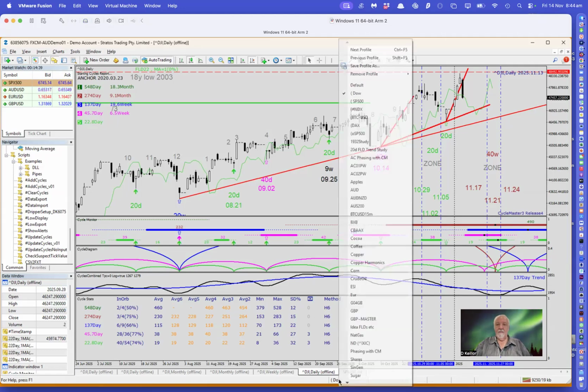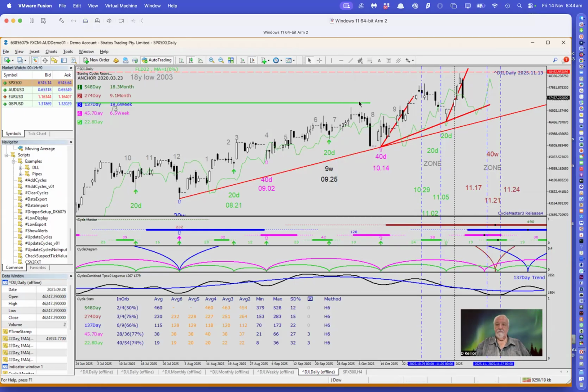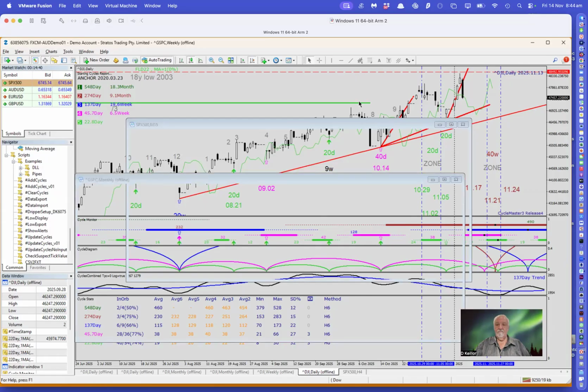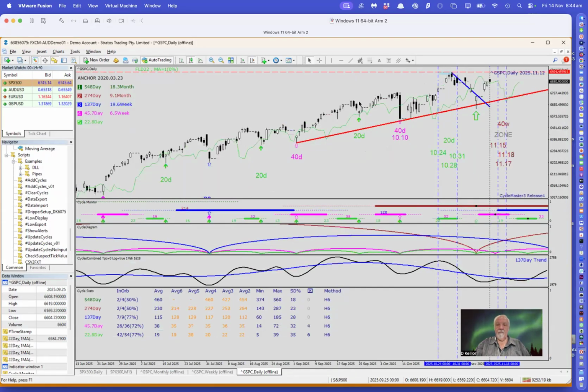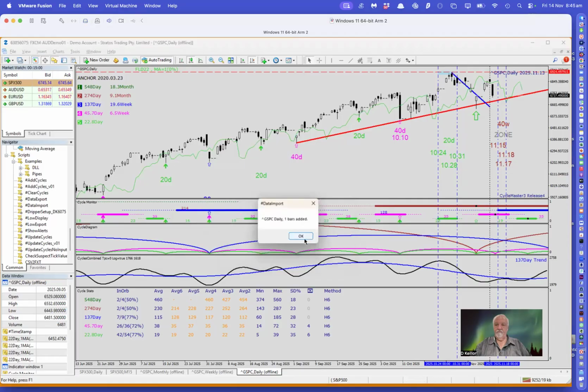Have a look at the S&P. Bring in some data. Same story, really.